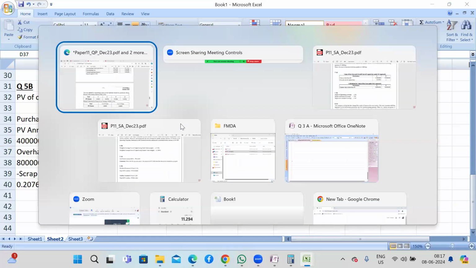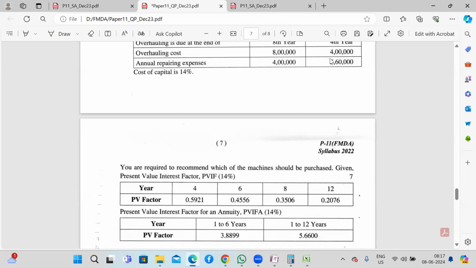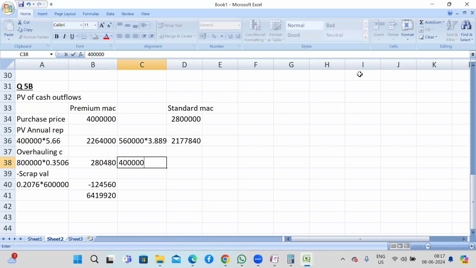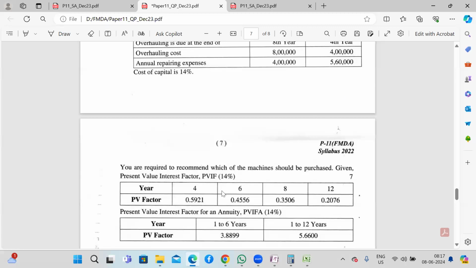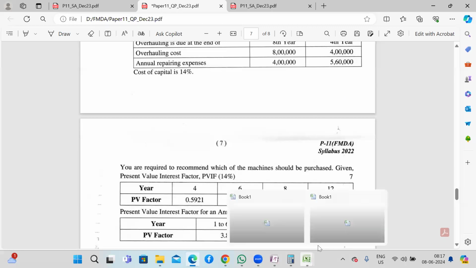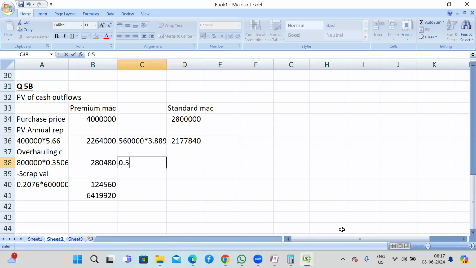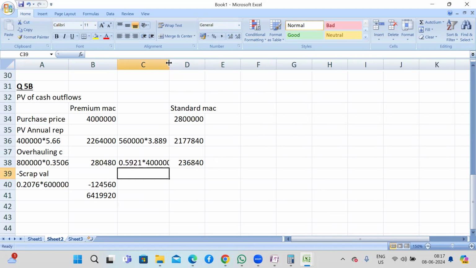Then overhauling cost. So overhauling cost here is 4 lakhs, which will be due at the end of the 4th year. So 4 lakhs into the present value factor at the end of the 4th year, which is 0.5921. Then scrap value.